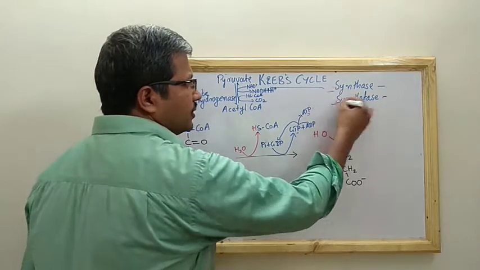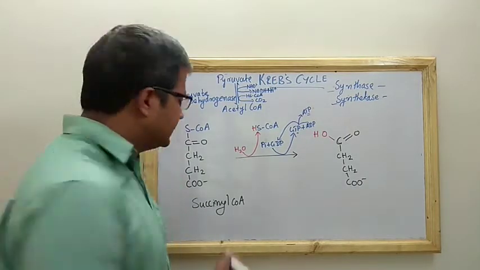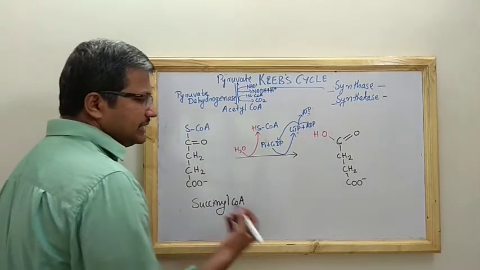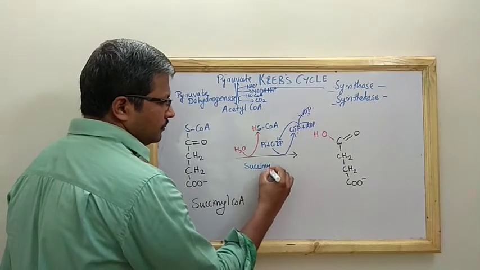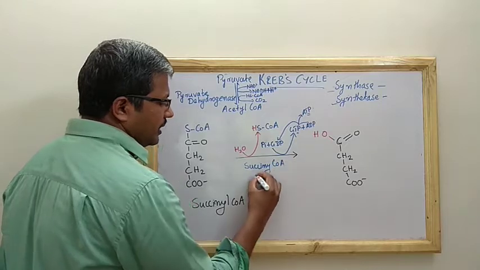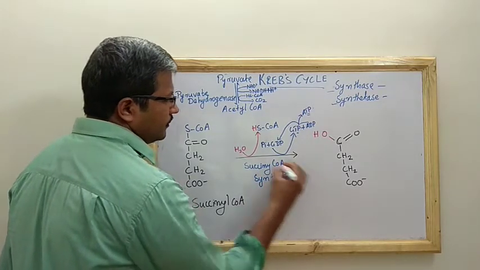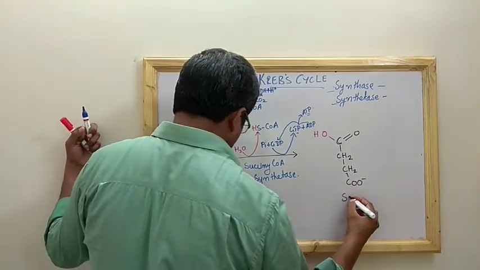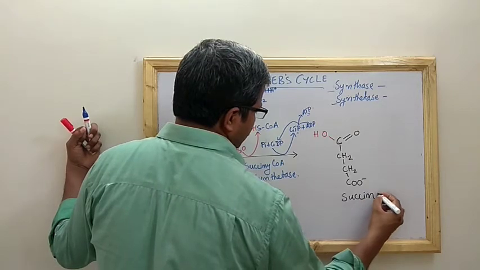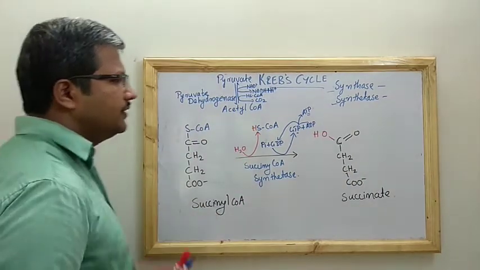I have told you in this way. It is synthetase. So what will be the enzyme? Succinyl coenzyme A synthetase is the enzyme. That will be the enzyme which will be resulting in the formation of succinate or succinic acid. Hope you got this particular step.